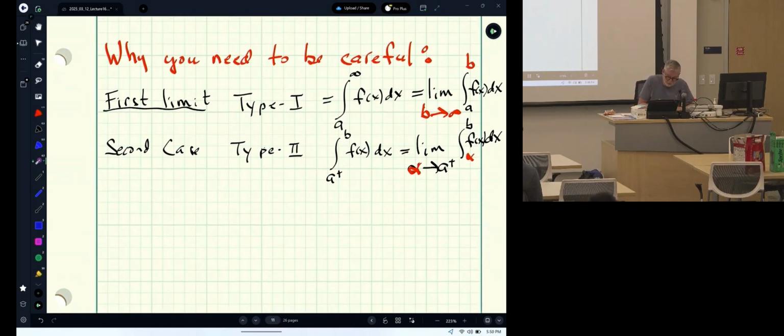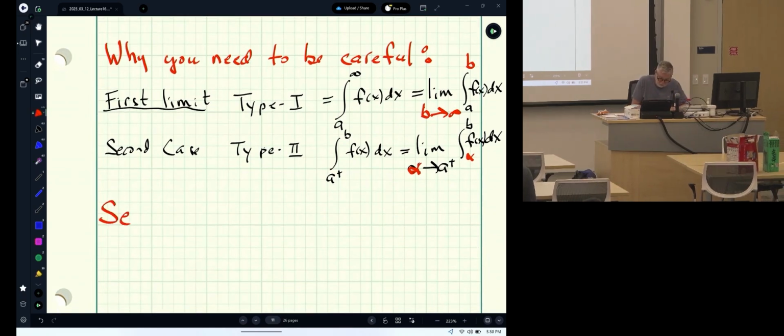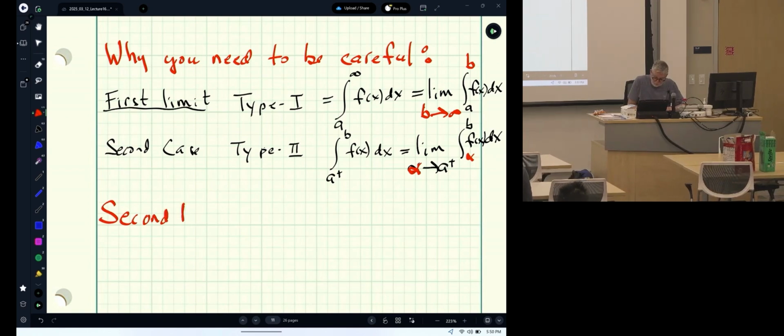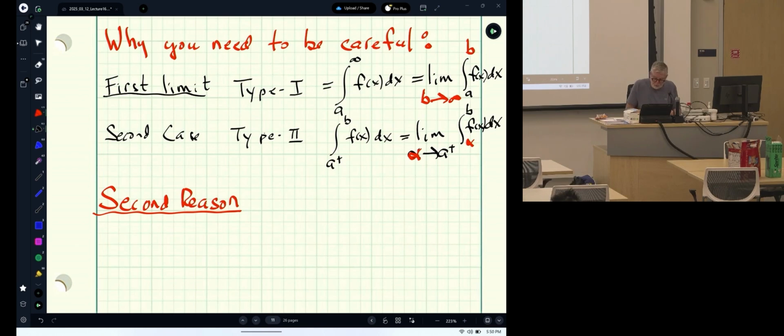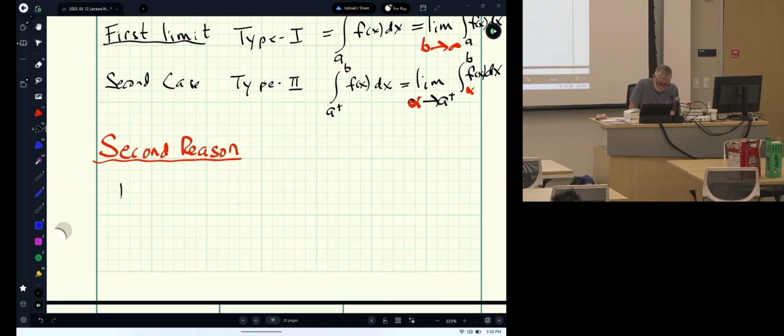Okay, here's the second reason. So I'm just trying to make sure you give the right amount of respect to Mr. Improper Integral, okay? The limit as b goes to infinity of the integral from a to b, f of x dx. Remember what that is?